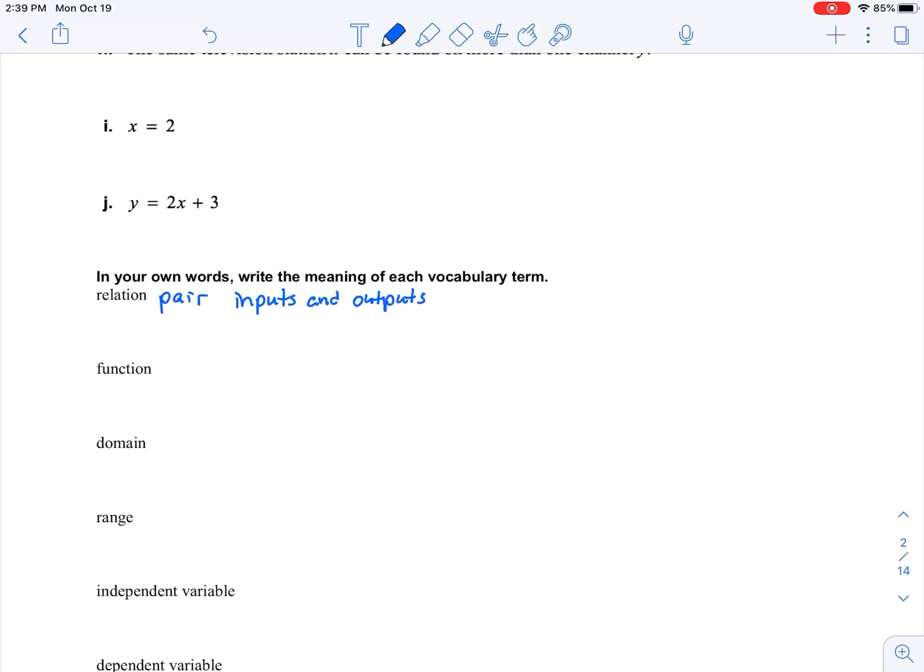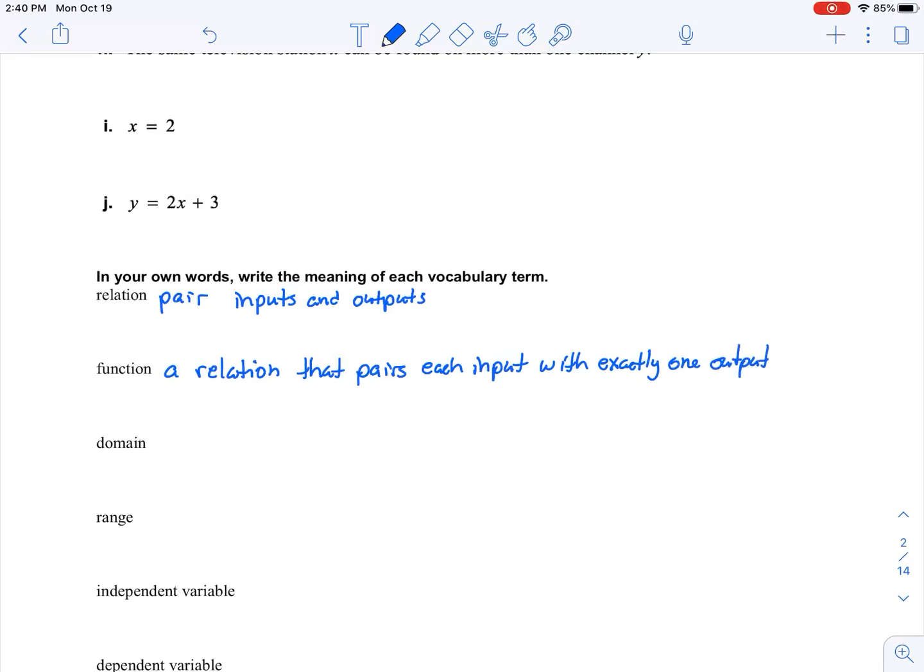We're going to move on to a function, which is a relation that pairs each input with exactly one output.